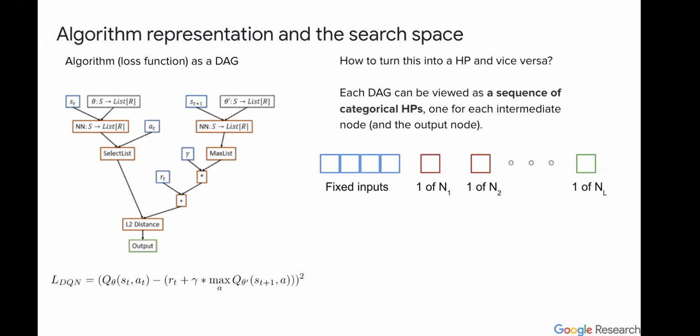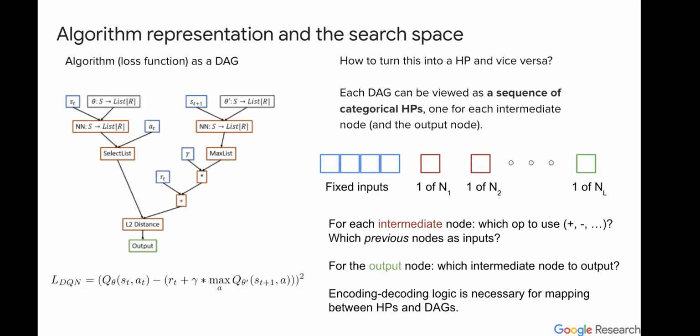We have one categorical hyperparameter for each intermediate node and the output node. More specifically, for the intermediate node, we are concerned with which op we can use for that node, and for the op we choose, what are the previous nodes we can use as the input?